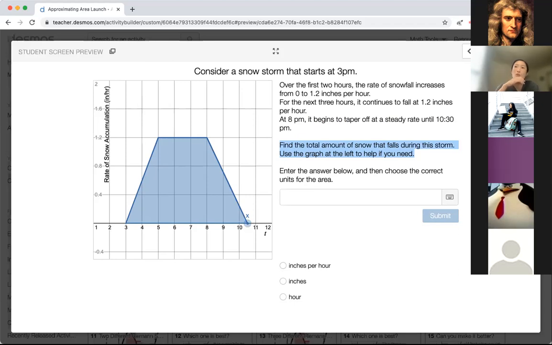Okay. So if we were to use that formula, just to kind of practice using it, can someone tell me what the height of the trapezoid is in this particular picture? What is the height of our trapezoid? 1.2. Yes, I would agree that the height is 1.2.